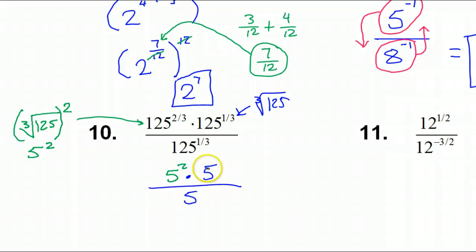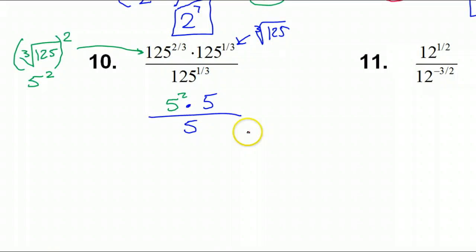Now I could make this 25, but why not leave it 5 squared so that I can continue on with the same bases? If I was just doing this for fun, this is really how I would do it. So now I would go, oh look, they're all base 5, and these are like 5 to the 1 power. When you multiply these together, I just add the exponents.